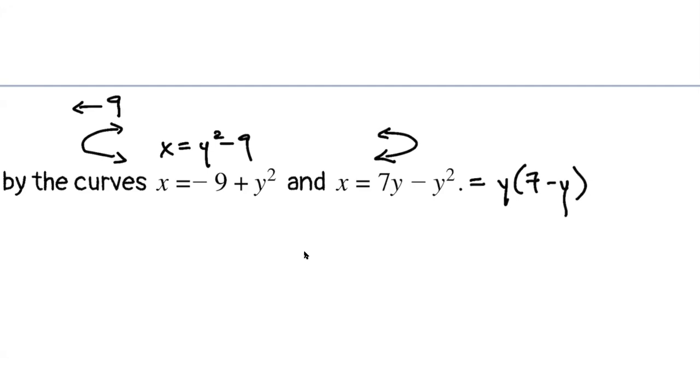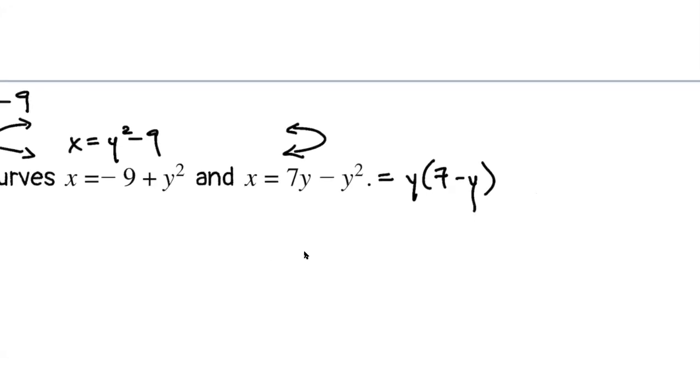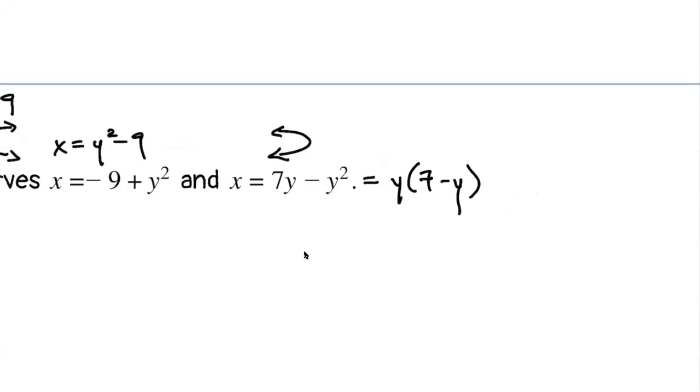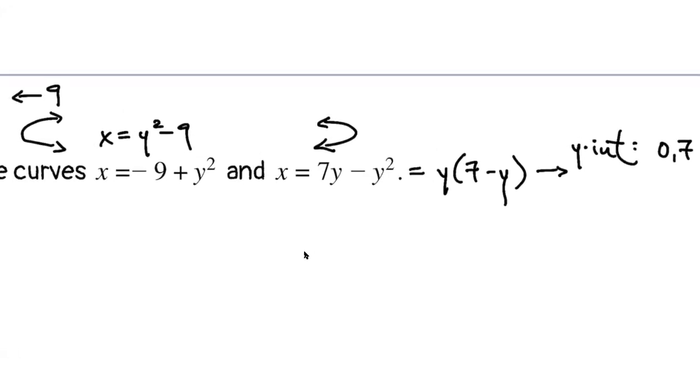Because if nothing else, we can tell where that parabola is going to intersect the x-axis, or not the x-axis, the y-axis, okay? Yeah, so we can tell here that the y-intercepts will be 0 and 7, okay?